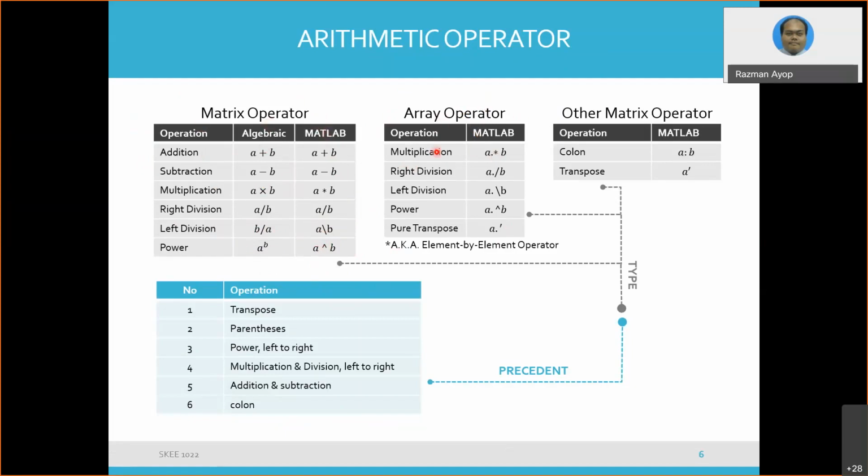But for anything else, you have to make sure that you use the correct one. See, the difference is just a dot. So make sure that you use the correct one. And other operation is this one and this one. So this is transpose. Remember transpose, I will show you later.